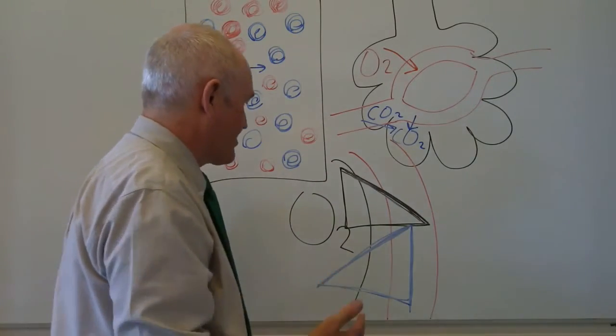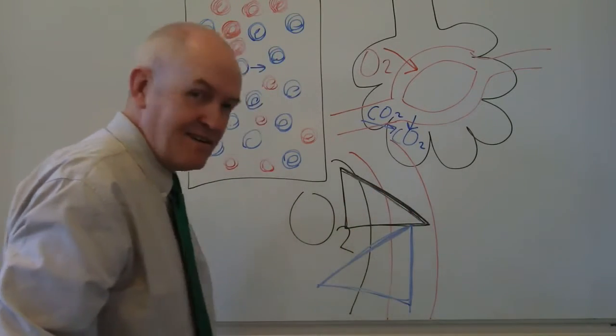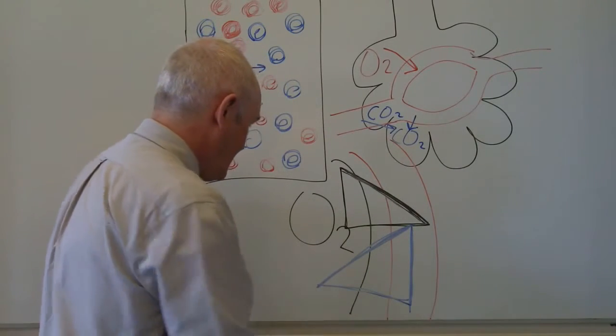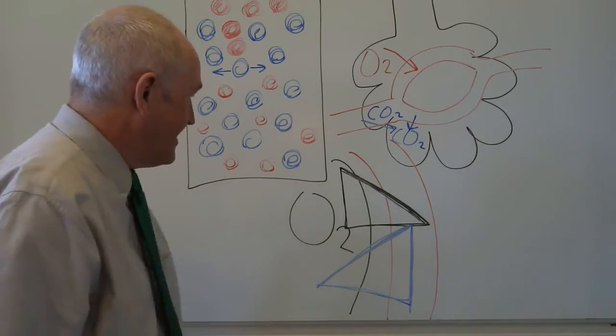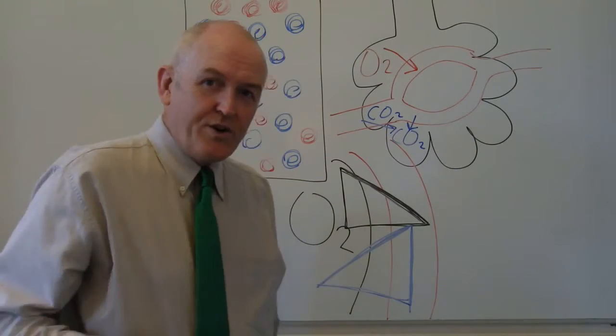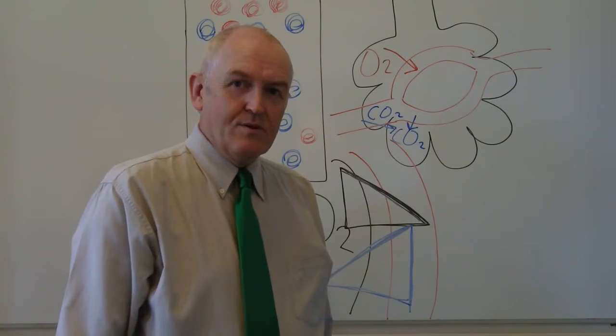So oxygen is constantly diffusing from the alveoli into the blood. Carbon dioxide is constantly diffusing from the blood into the alveoli. And of course that is necessary, because if that did not happen, we would not be able to oxygenate the blood, and life would not be able to continue.